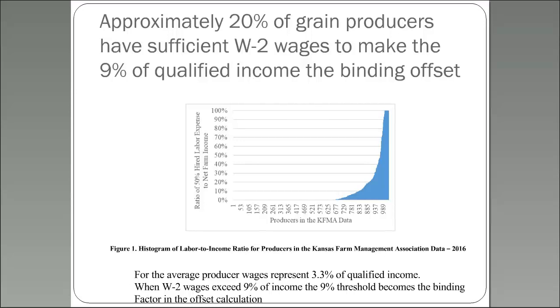So we started wondering then, what are the W-2 wages on? And so you might notice, remember I said it was about 3%. So you can see on that graph, there's almost nobody really at the 3% level.